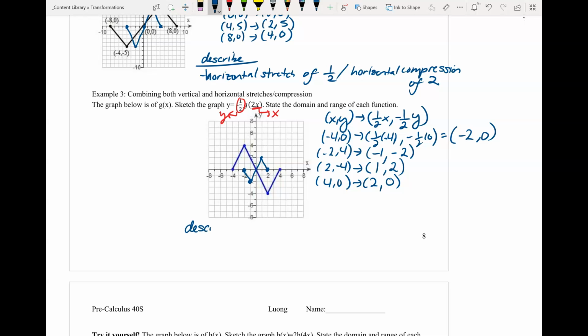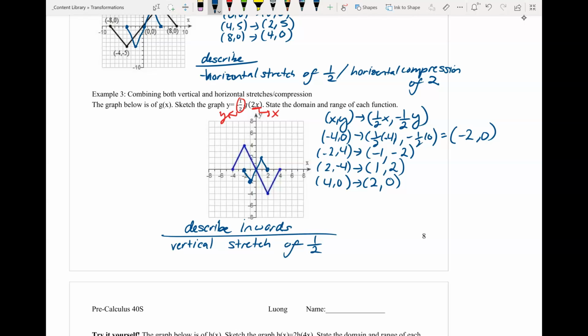If you want to describe this in words, you're going to say that we had a vertical stretch of a half. You could also say vertical compression of 2 if you wanted to.